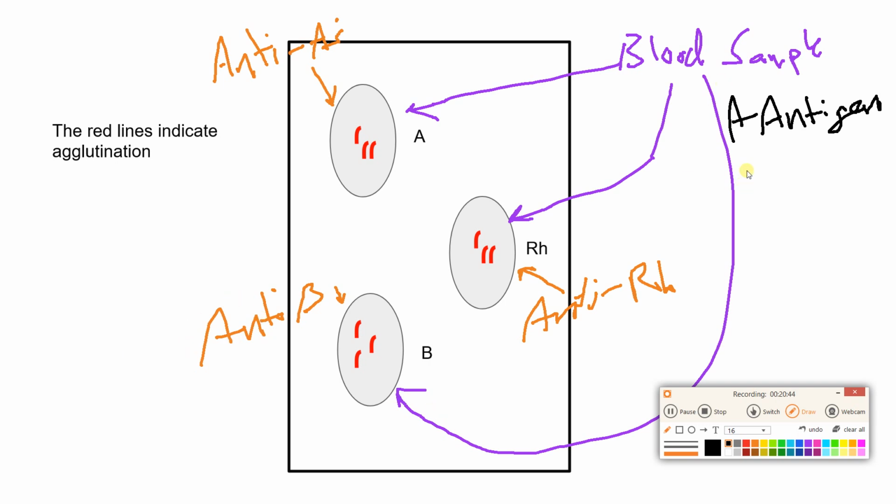The blood must have provided the B antigen. And lastly, I see agglutination here, which means my blood must have supplied RH antigens for the anti-RHs to grab onto. So my blood sample in this case had all three antigens. My blood sample in this case is AB positive. All right, let's run through all the possibilities here.